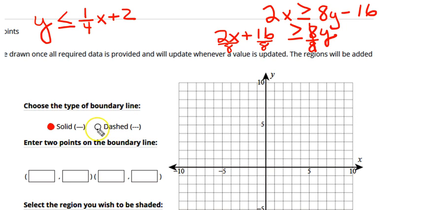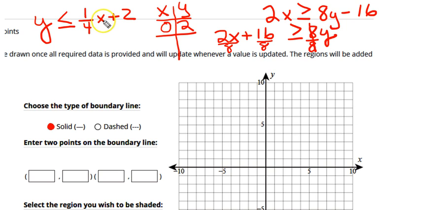Let me highlight that. Now, we want to get some ordered pairs. Well, remember, we'd probably have to make a little t-chart here. And one is always the y-intercept, because there's our y-intercept there. So if x is 0, y is going to be 2.